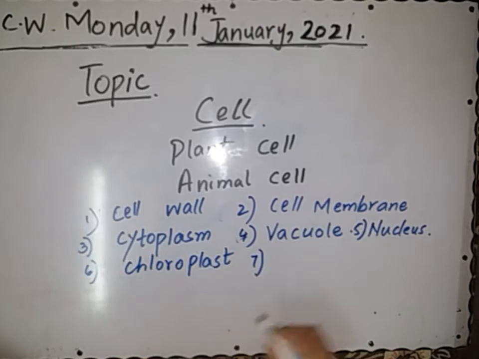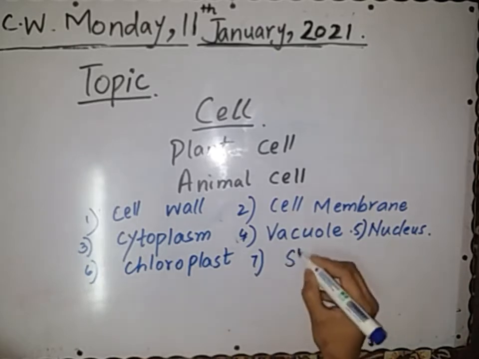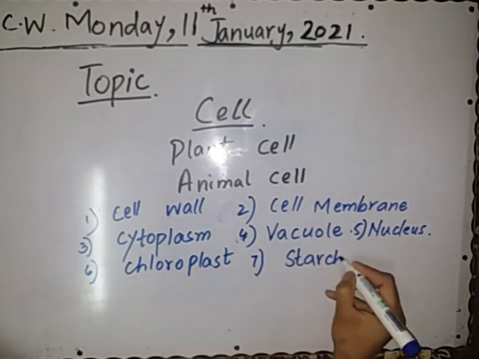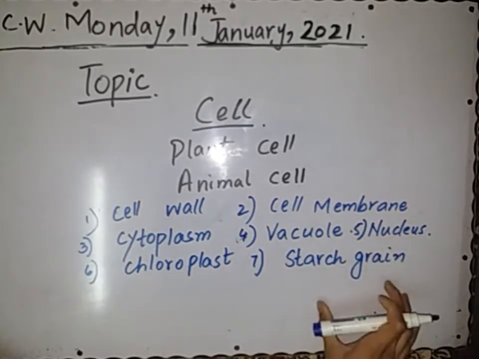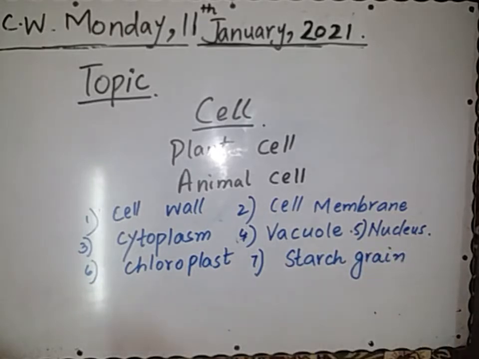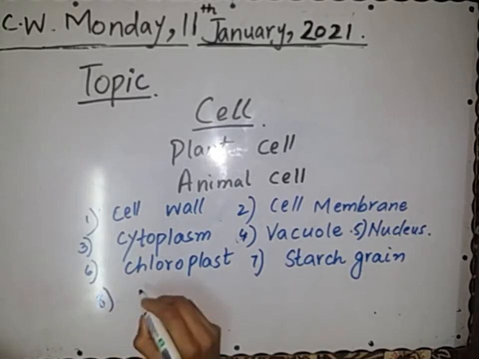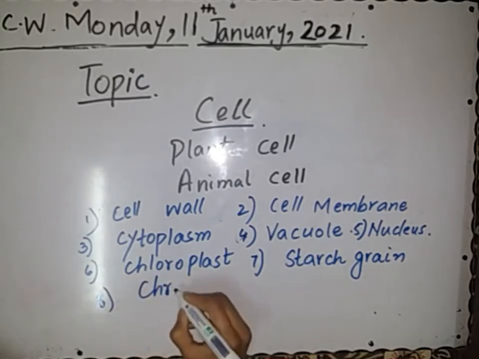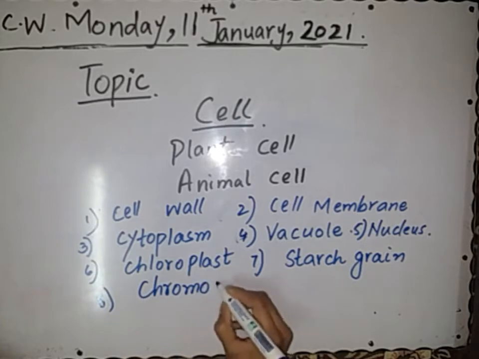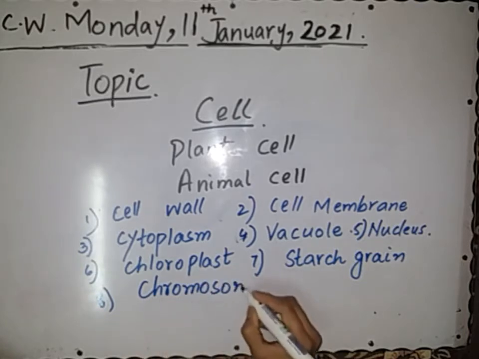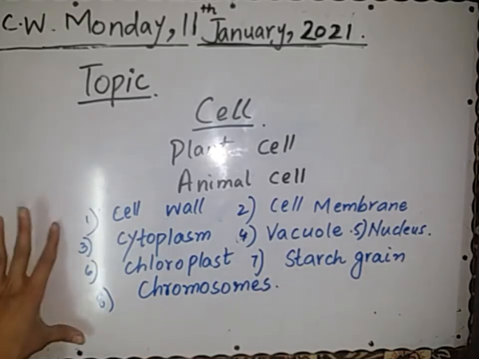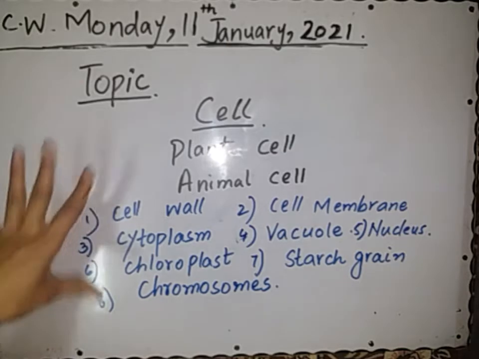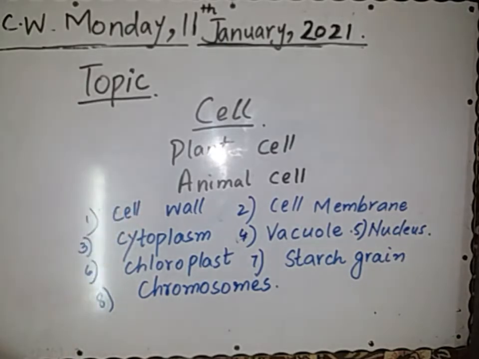Next organelle is starch grains, which is present inside the plant cell only. It is not present in the animal cell. In plant cell, it stores the food. Next organelle is chromosomes, that is present inside the nucleus to control the genetic information. Students, I have discussed the important organelles of both plant and animal cell.